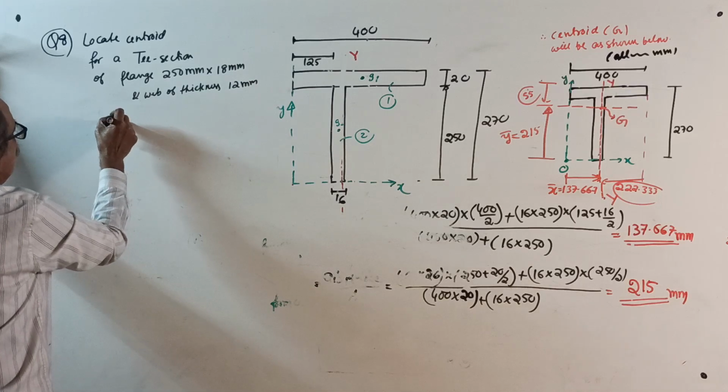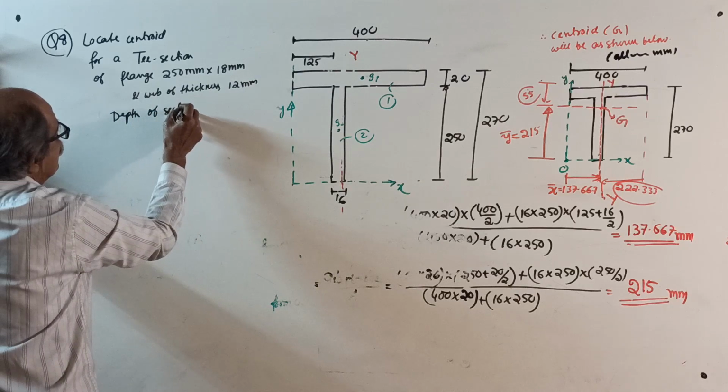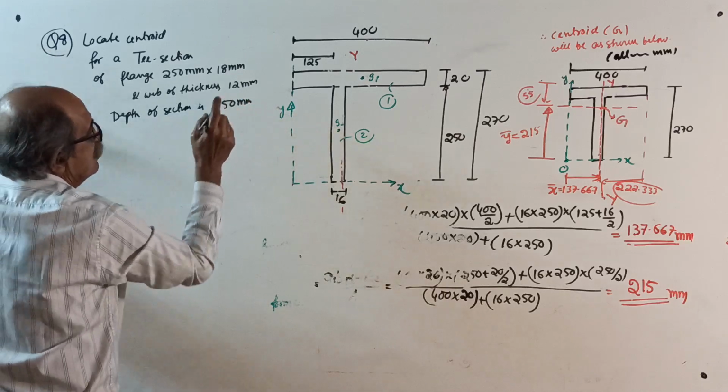Next, depth of section is 350 millimeter.